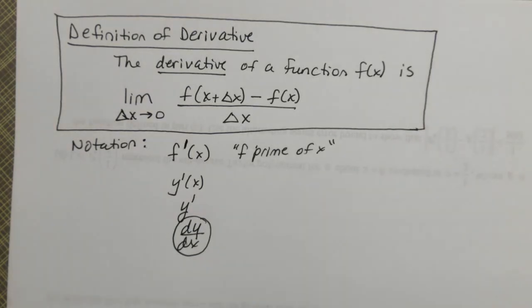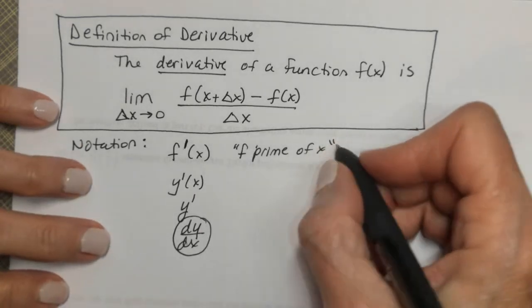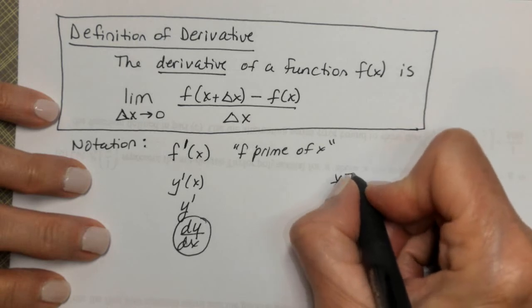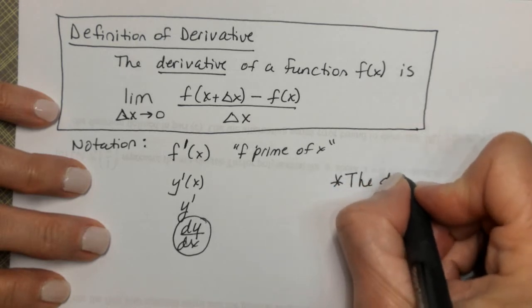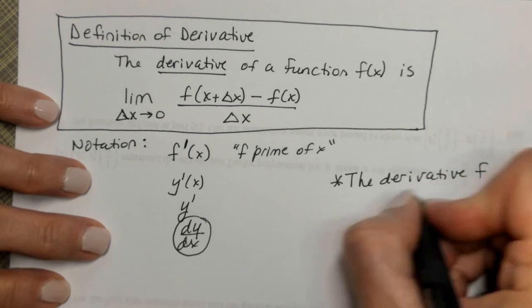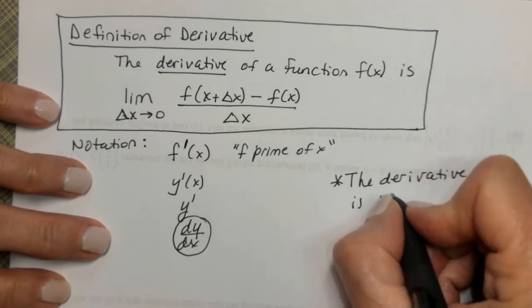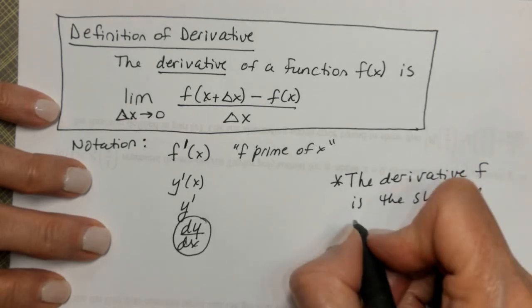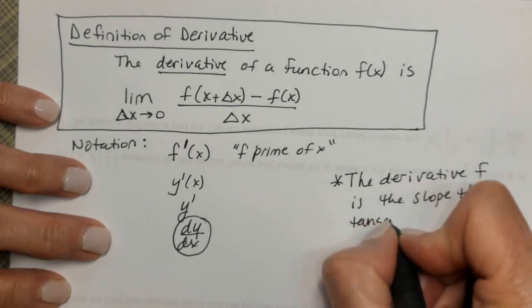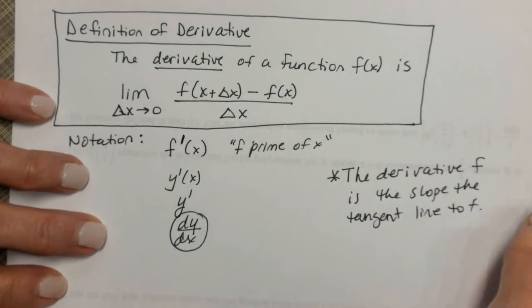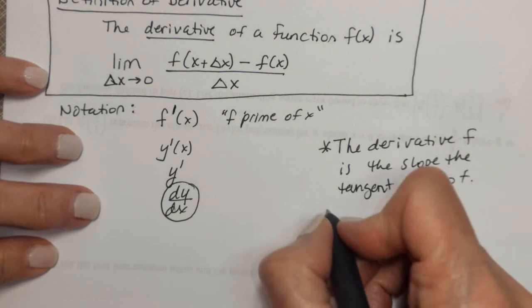Alrighty. Before I go on, let me reiterate: the derivative of f is the slope of the tangent line to f.